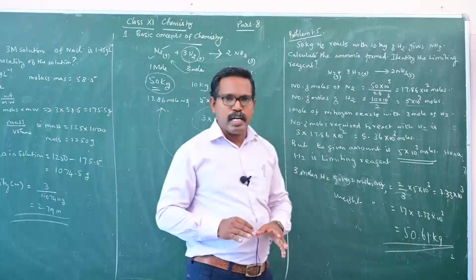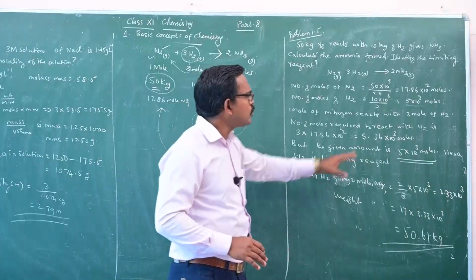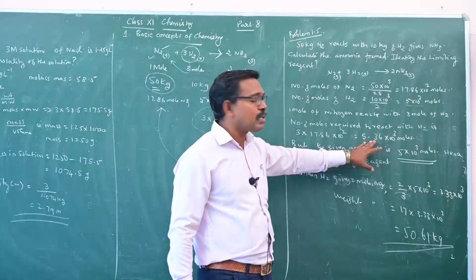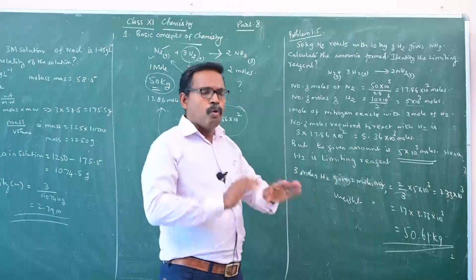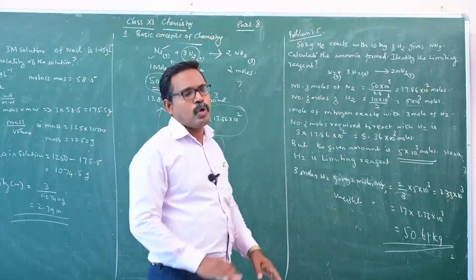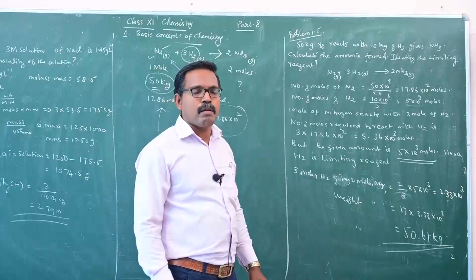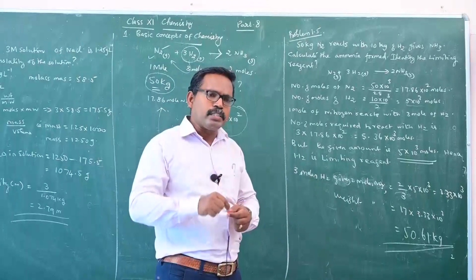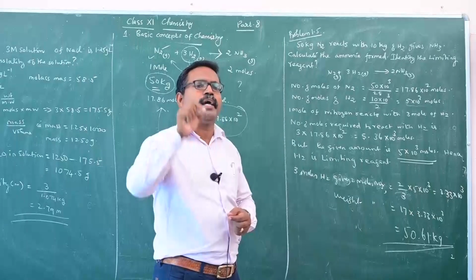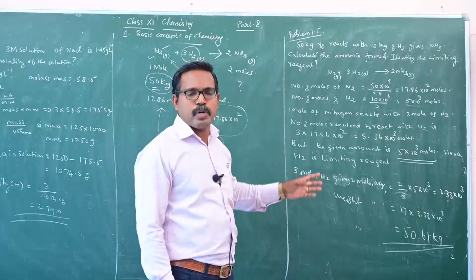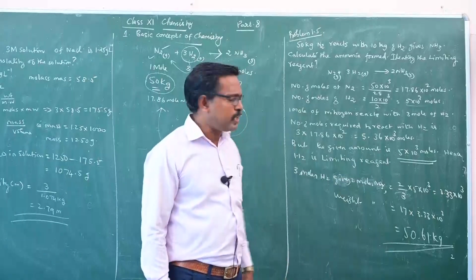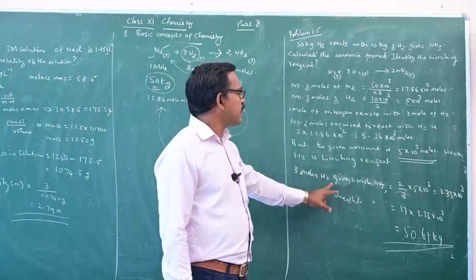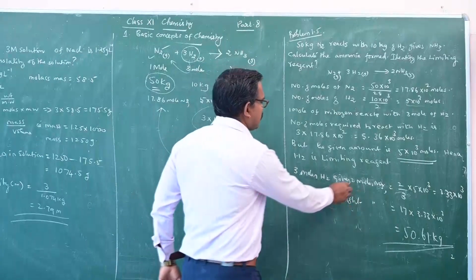So which one is the limiting reagent? After the complete consumption of this much hydrogen, no more reaction may occur and no more product can be formed. So hydrogen controls the entire reaction and acts as the limiting reagent. 3 moles of hydrogen give 2 moles of ammonia.